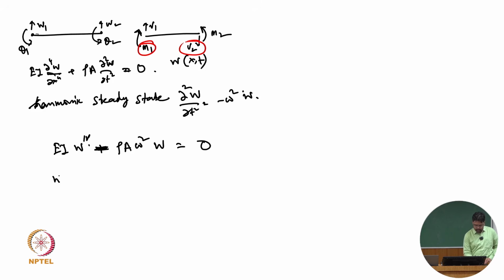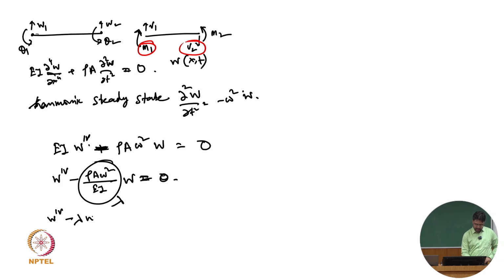So what can I get? W fourth order minus, if I just say that this is my lambda, what can I write? Lambda to the power 4 W.